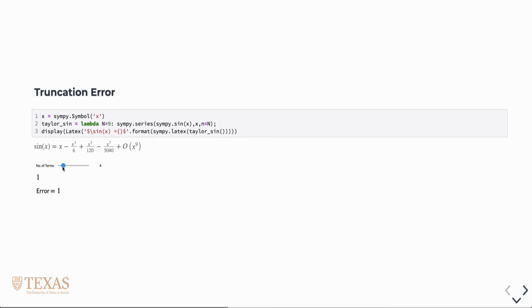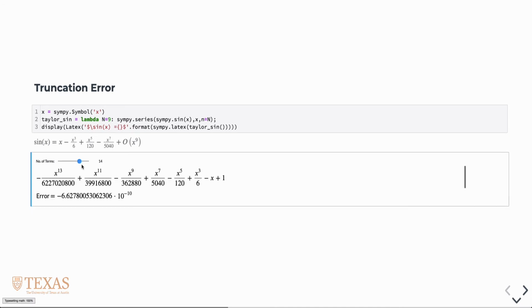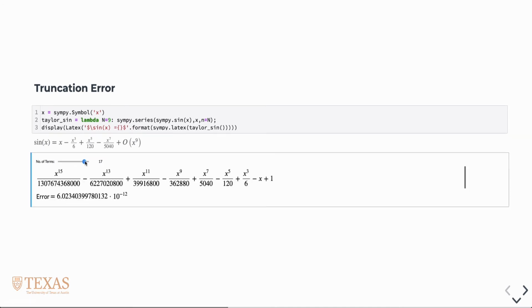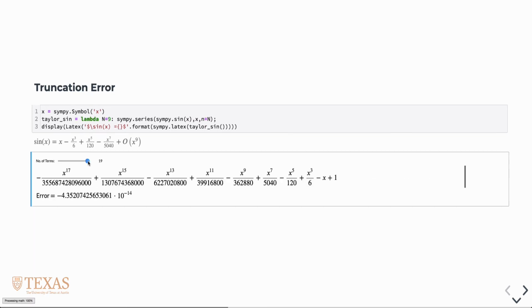However, as I increase the number of terms, the error is small when I take 4 terms. And as I go on and take more and more terms, if I took enough terms, it would approach machine epsilon. I don't think I take enough terms for that to happen here.